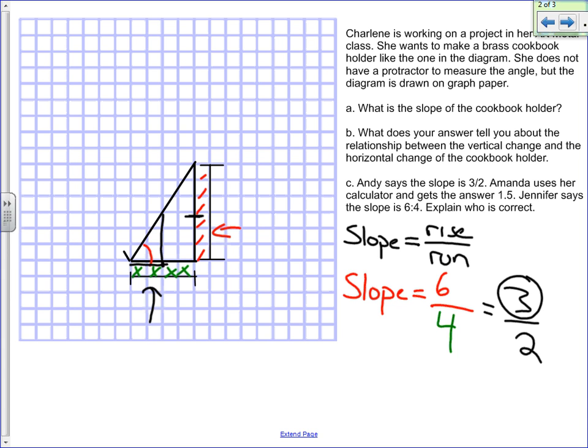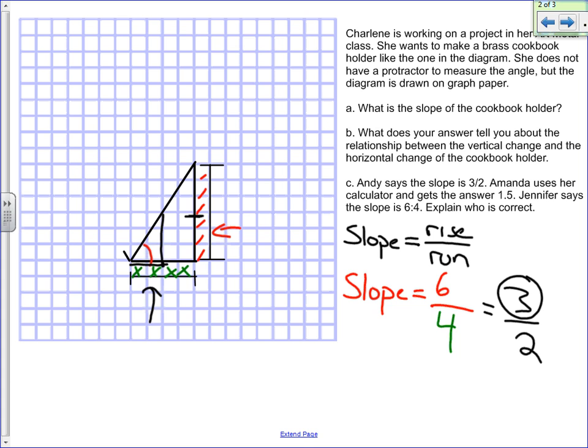And so that gives us a way, if we wanted to actually build this cookbook holder, we know what we would have to do. We would have to create a cookbook holder so that for every 2 horizontally, we're changing 3 vertically, or 4 and 6, right? Which is the same thing.